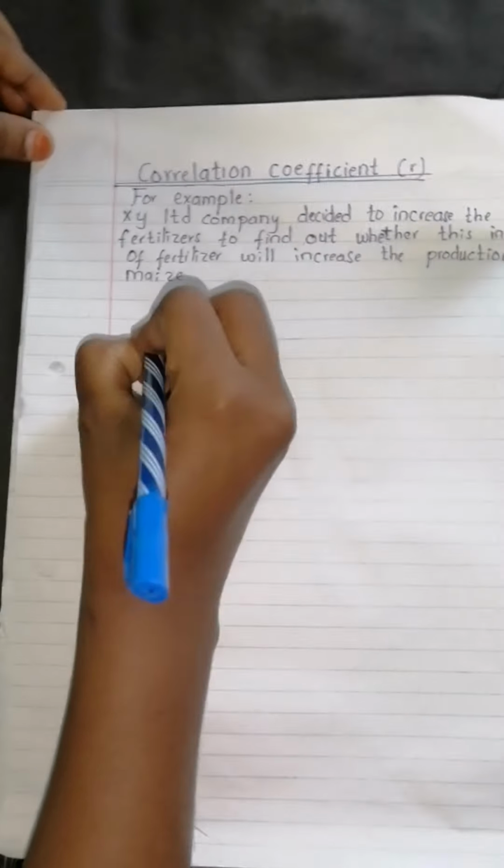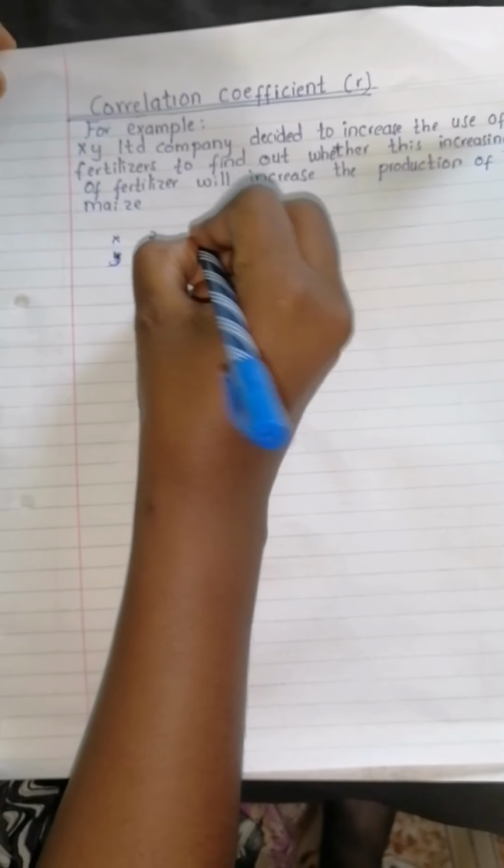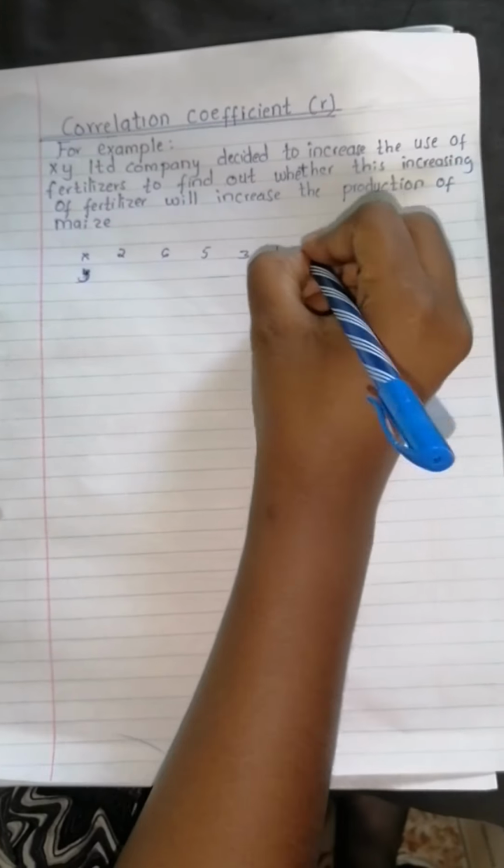Here we have the dependent and the independent values. The dependent value will be the production, and the independent value will be our fertilizer. For that reason, we have a set of numbers, X and Y. For the X numbers, we have 2, 6, 5, 3, 1, and 4.